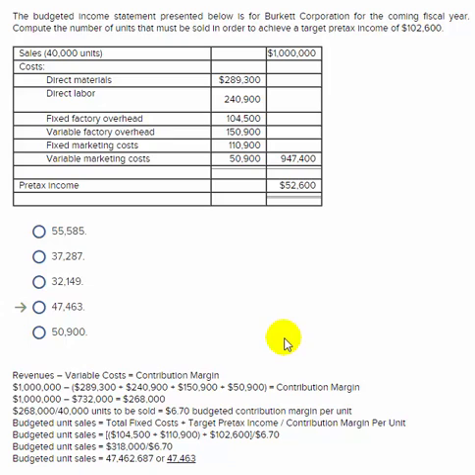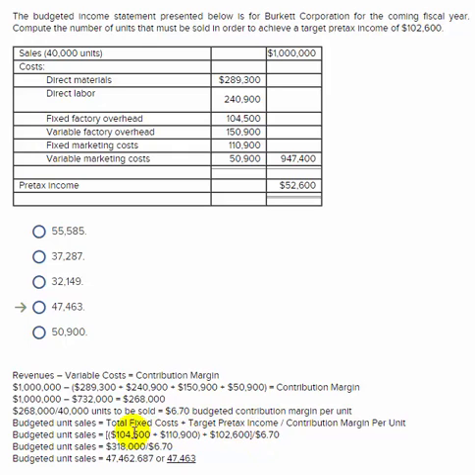So we have 3 things we have to overcome to reach this goal. We've got to have enough sales to cover all the fixed costs, which are the 104,500 and the 110,900 marketing fixed expenses, plus our desired target pre-tax income of 102,600.